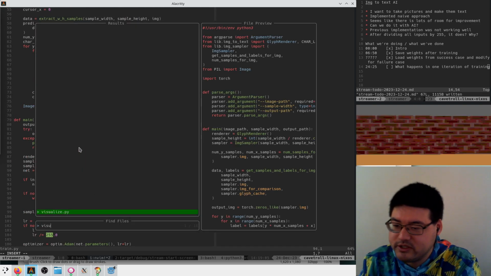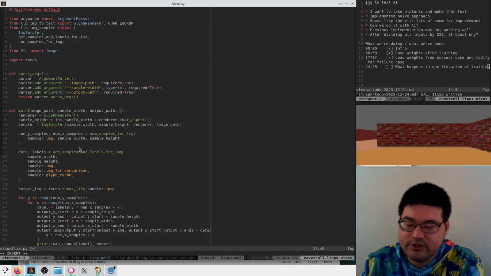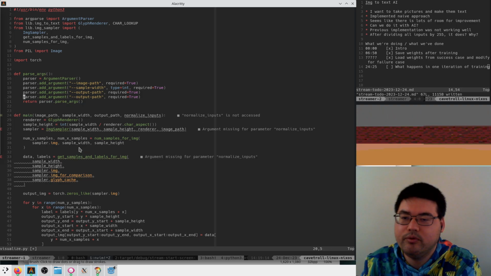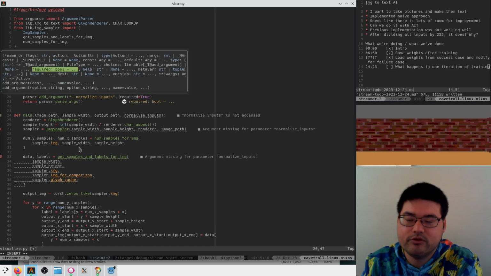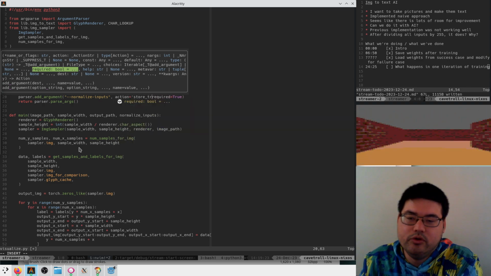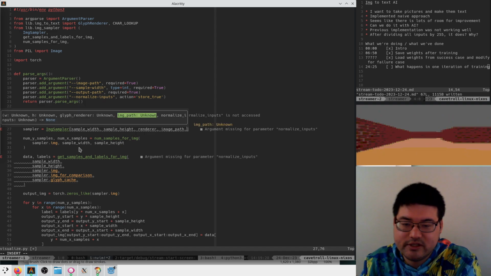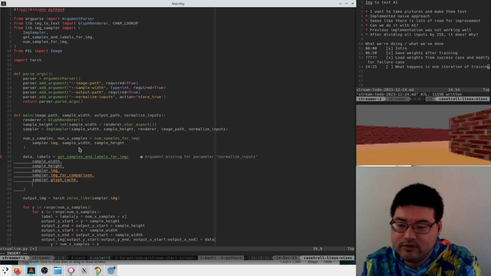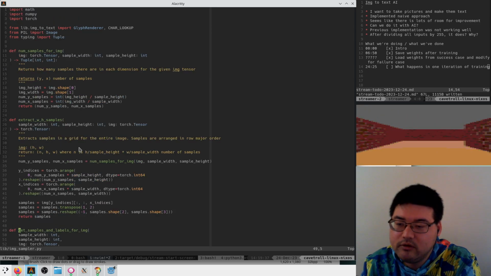So let's go back to our visualization. Is it a grayscale image? Yeah, it is. So our visualization now needs to pass in normalized inputs, which is going to say normalize inputs with action equal to store true, and the required is no longer true. That gets passed into the image sampler, and this gets passed in here probably, if I remember correctly.